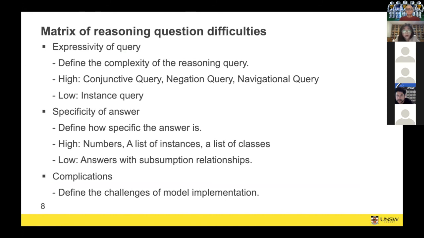They require more steps of inferences. And specificity of answer is used to define how specific the answer is, such as numbers, a list of instances, and a list of classes. They are very specific answers. And answers with subsumption relationships, they are not very specific answers.